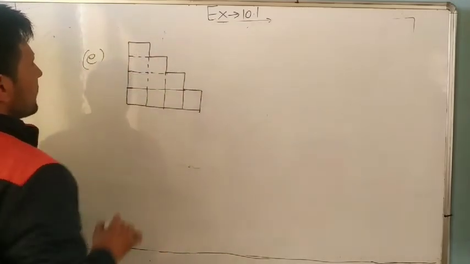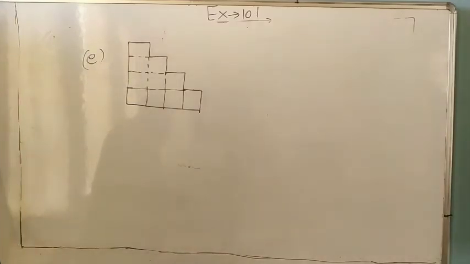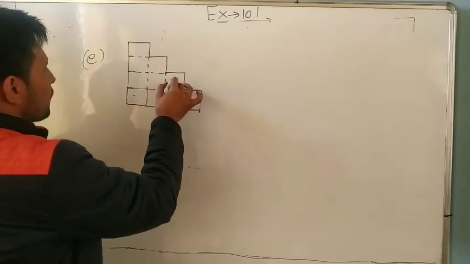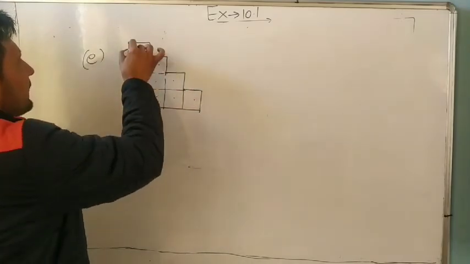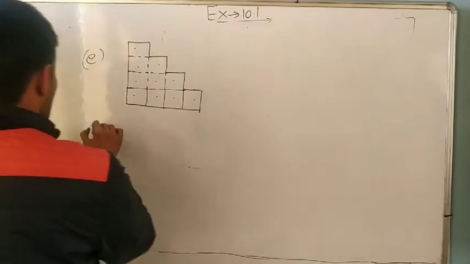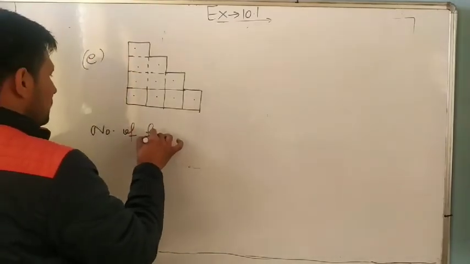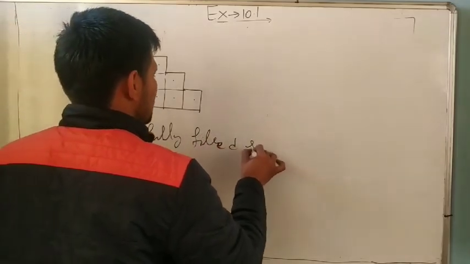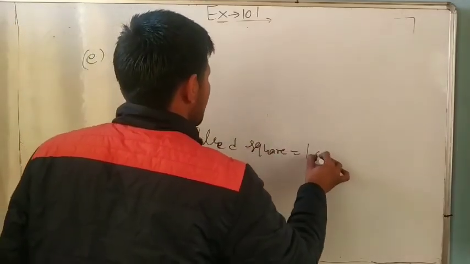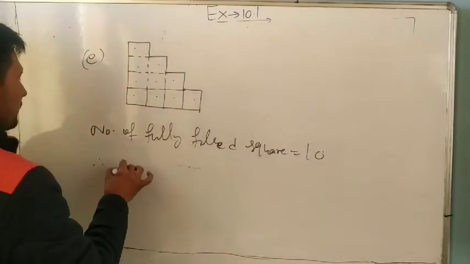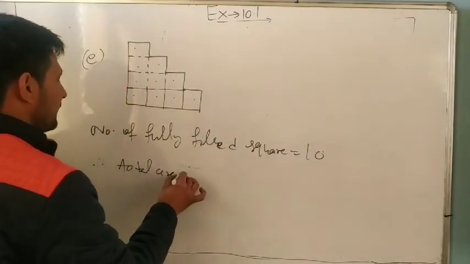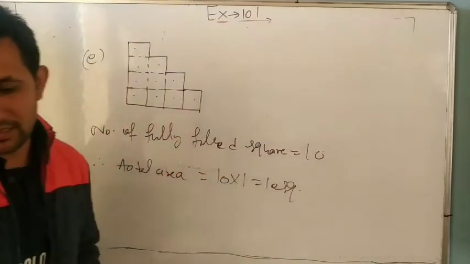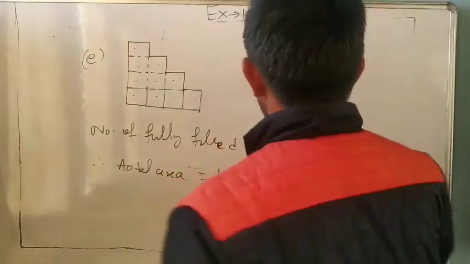Now we have to find their area. So how many squares? 1, 2, 3, 4, 5, 6, 7, 8, 9, 10. So the number of fully filled squares, how much? 10. Therefore, the total area is 10 into 1, 10 squares. Now we are doing one example of half square.